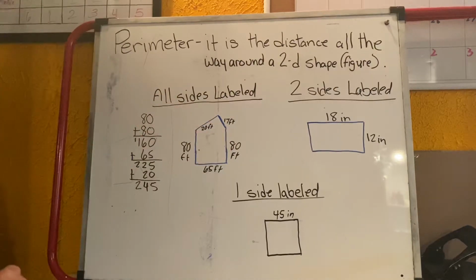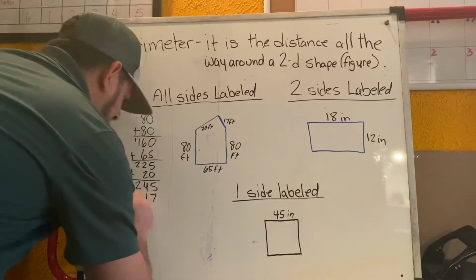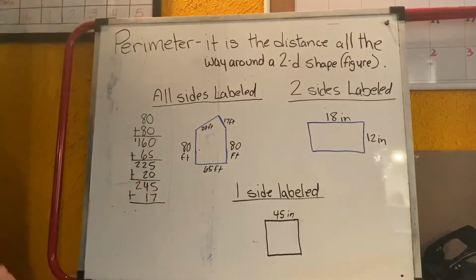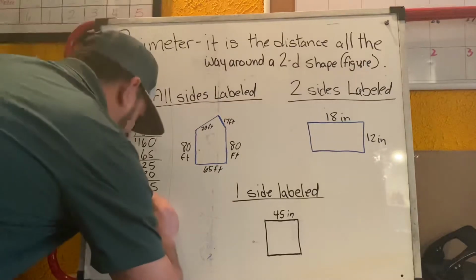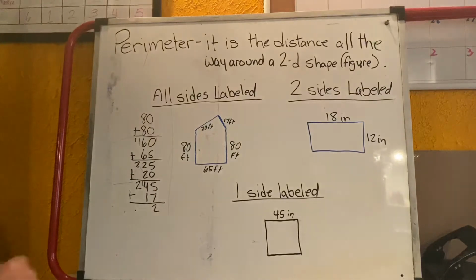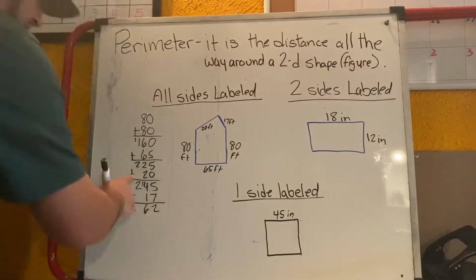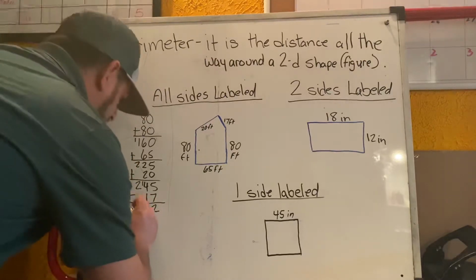But we still need to add that 17 feet onto there. 5 plus 7 is 12. We have to regroup, so that 1 is going to move to the 10 spot. 1 plus 4 is 5. 5 plus 1 is 6. Now we're just going to bring that 2 down.